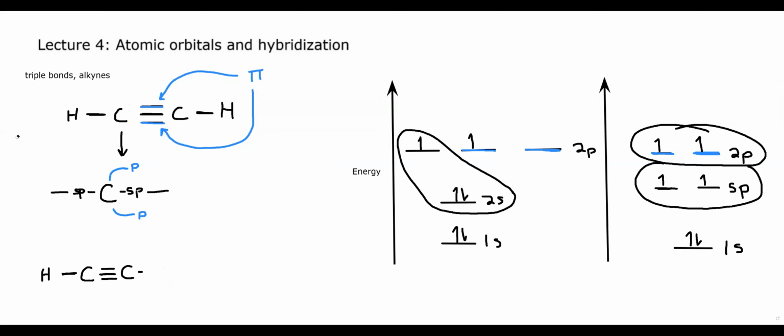This C triple bond C is linear. This is a linear molecule. There's not really any three-dimensionality to it. Okay? It's only connected to two things, so it's very similar to our previous example in the last lecture of beryllium hydride, where this beryllium is connected to only two things, right?